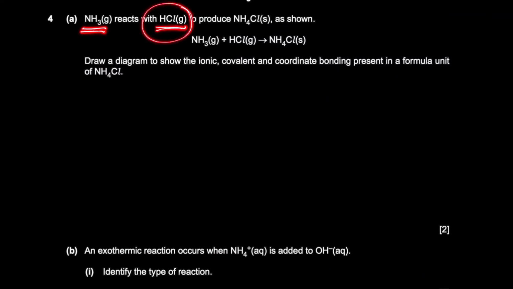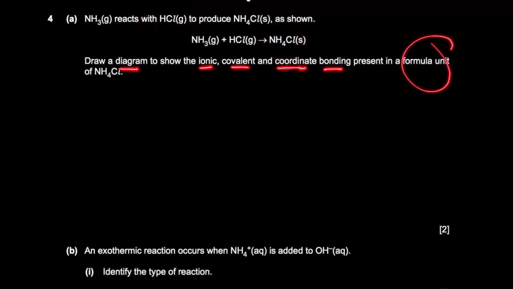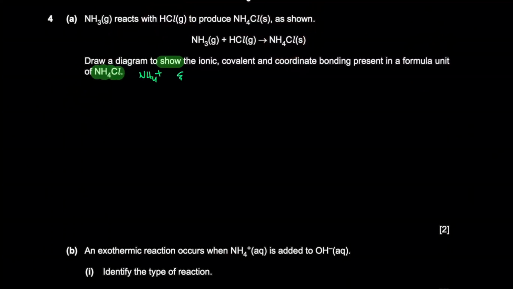NH3 reacts with HCl gas to produce NH4Cl solid as shown. Draw a diagram to show the ionic, covalent, and coordinate bonding present in a formula unit. We have to show the ionic, covalent, and coordinate bonding, okay, in a unit of NH4Cl. Now, NH4Cl consists of the NH4 plus and the Cl minus ion, right?